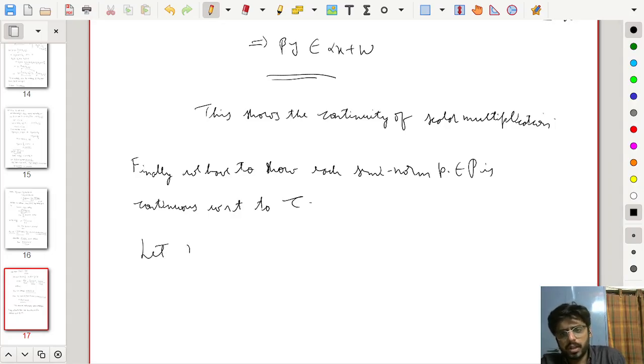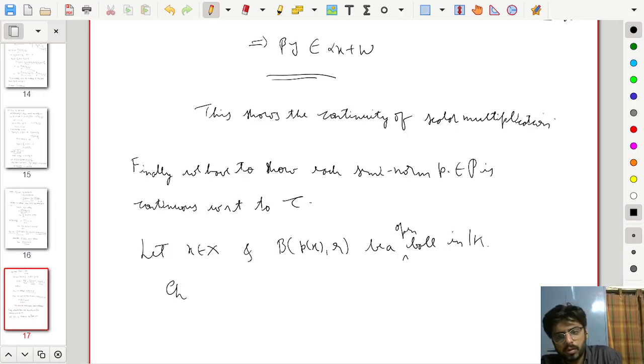So let x belong to X and let B of p of x comma r be an open ball in K. Choose n in N such that 1 by n is strictly less than r, right?